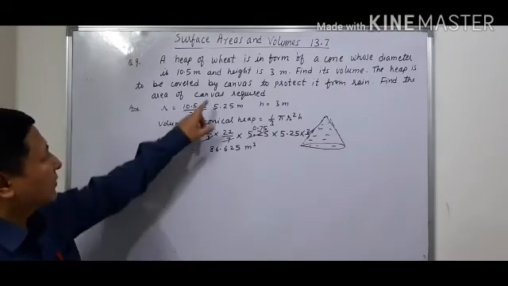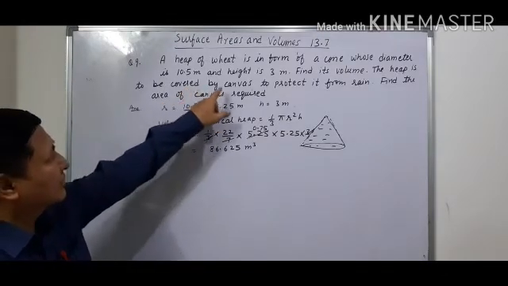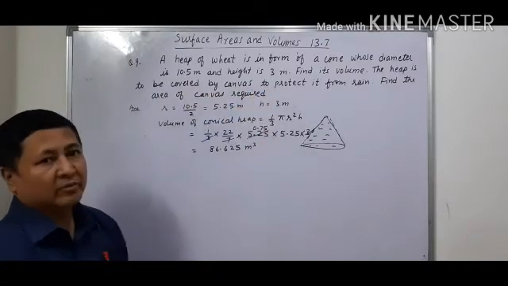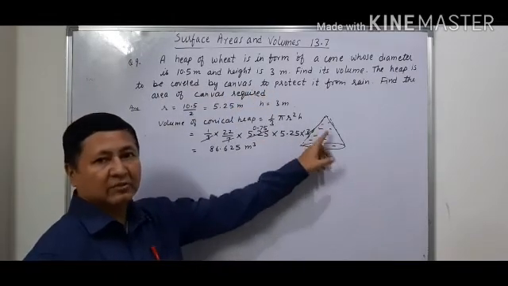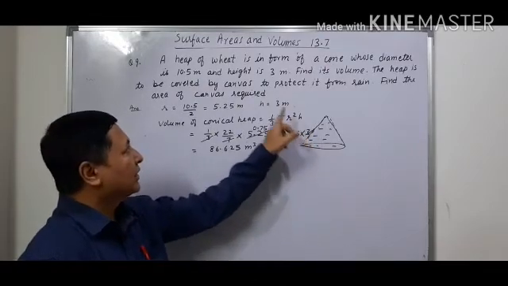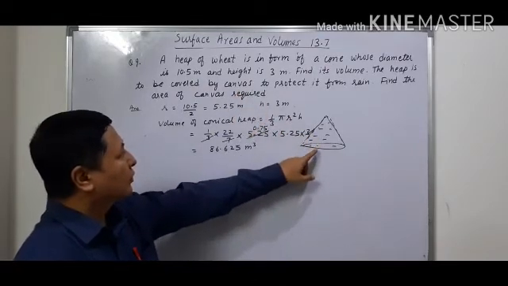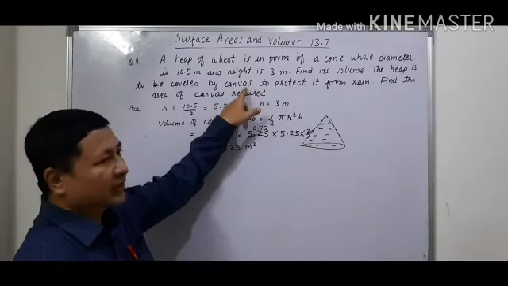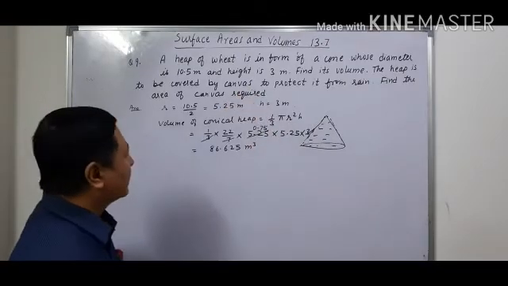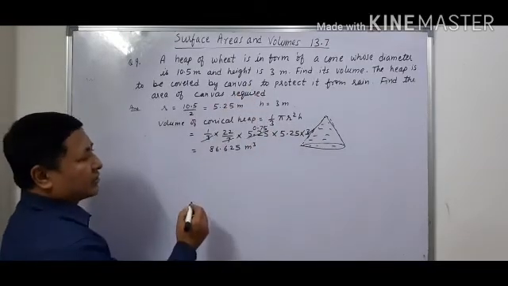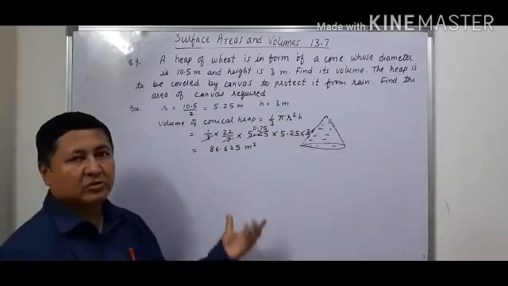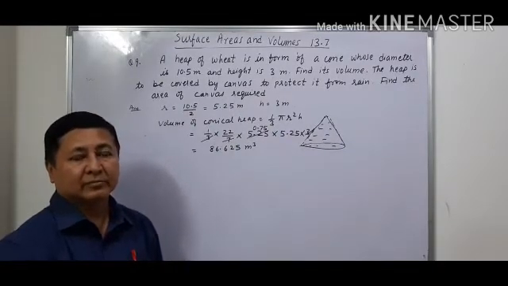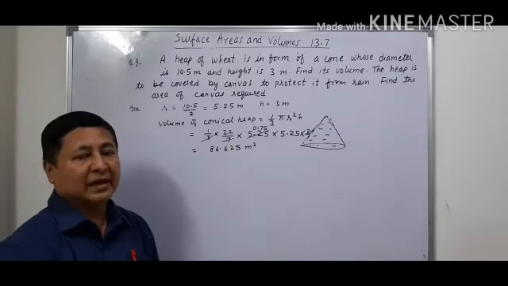Now the second part of the question is that it has to be covered by canvas to protect it from rain. So it has to be covered by a canvas cone, and we have to find the area of canvas required. For that, area of canvas required is equal to pi r L, where L means slant height.